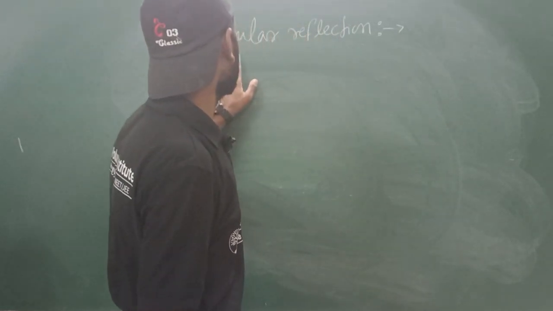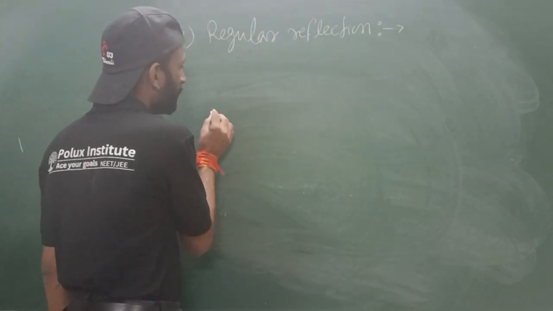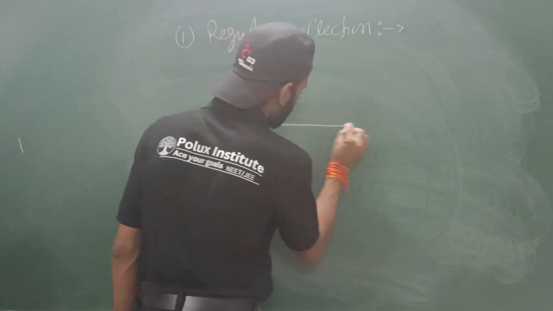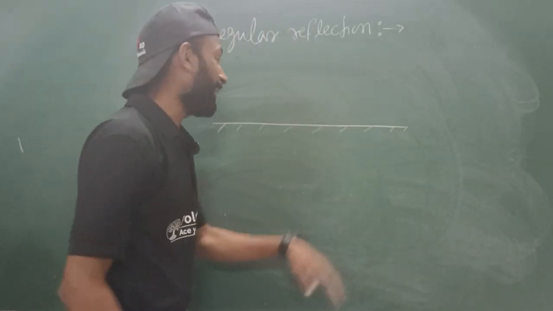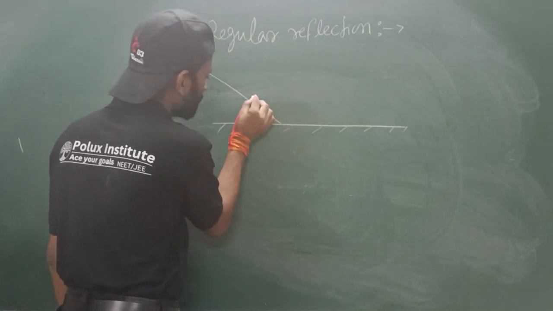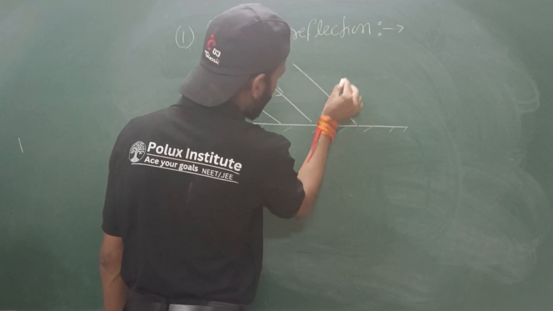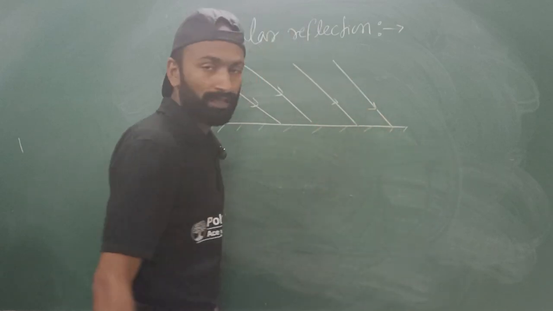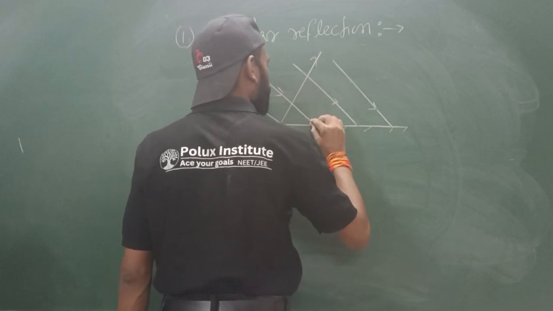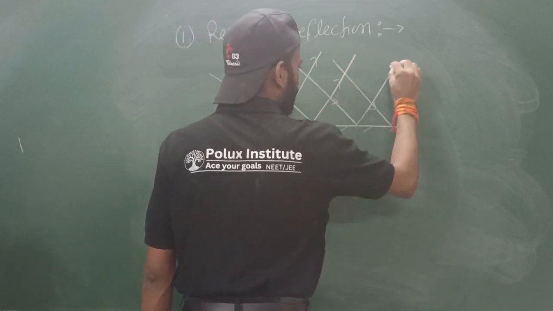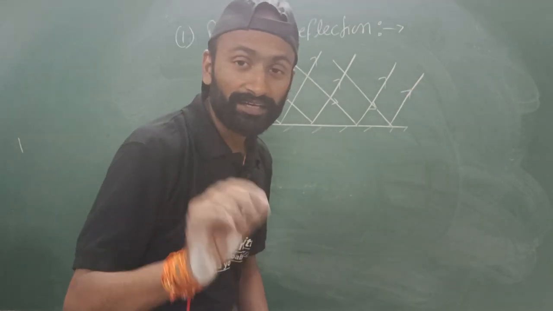So first we know what regular reflection is. Regular reflection means if light is coming on the surface, let's say all the light is coming parallel, and after reflection also it remains parallel, then this is called regular reflection.